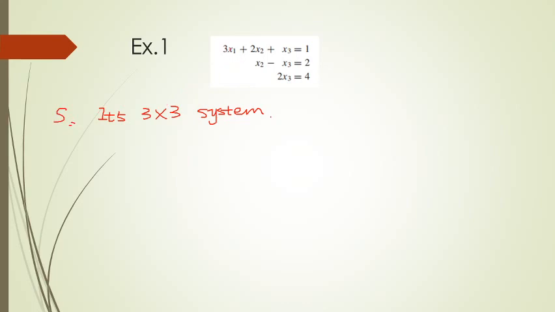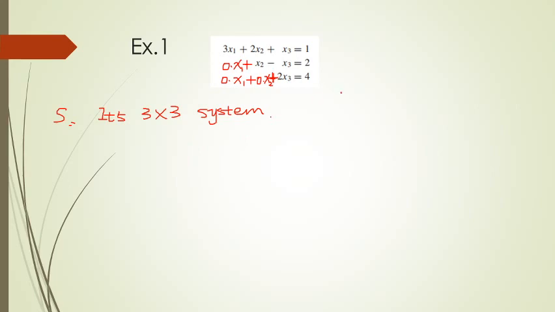For the first equation, we have all those. For the second equation, the first coefficient is 0. For the third equation, the first two coefficients are 0. Make sense?